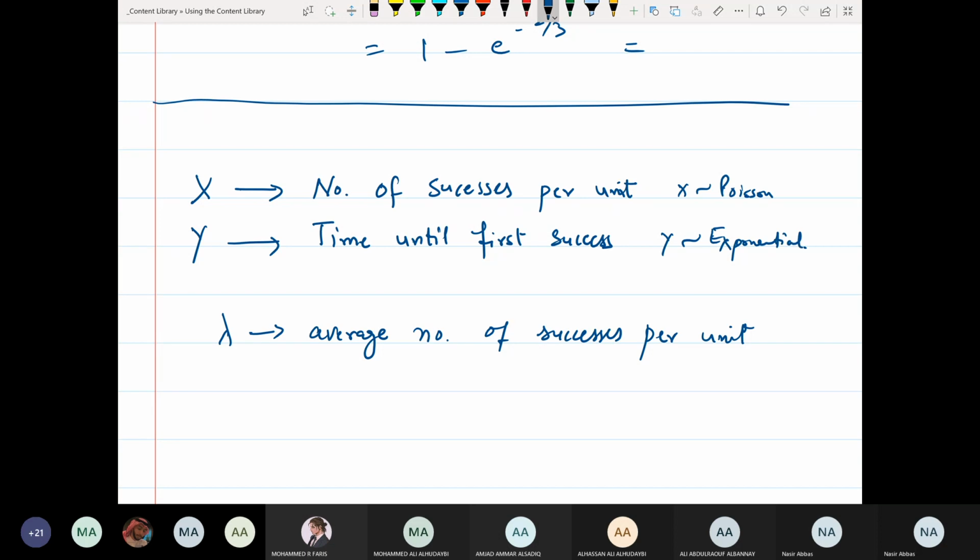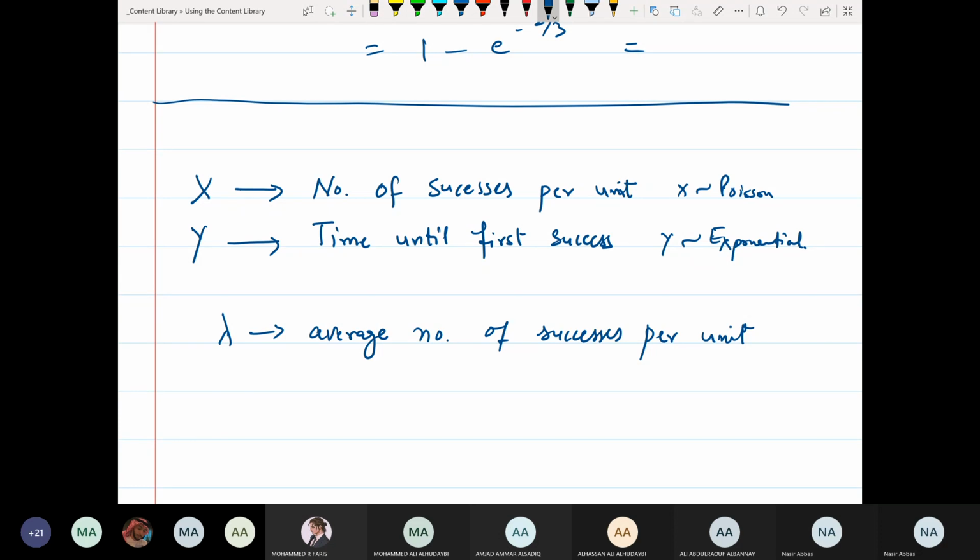So this is another trick. We may tell you that X has a Poisson distribution with this lambda and ask you the question about Y. And we may tell you that Y, the time until first success, has an exponential distribution and ask you the question about the number of successes.